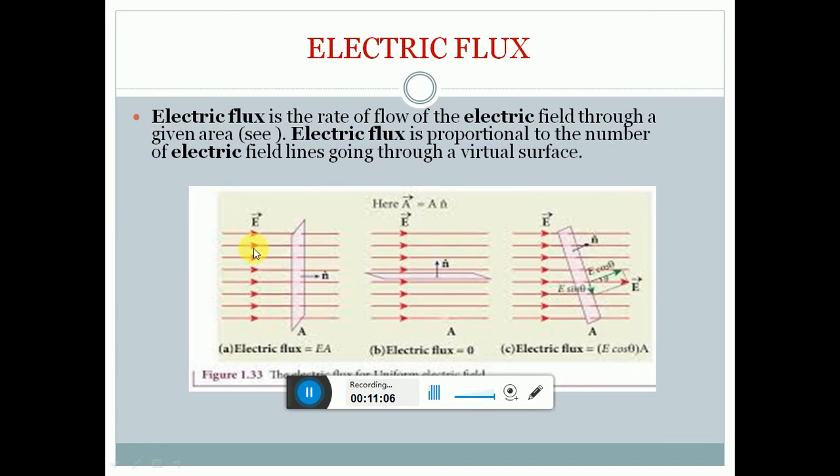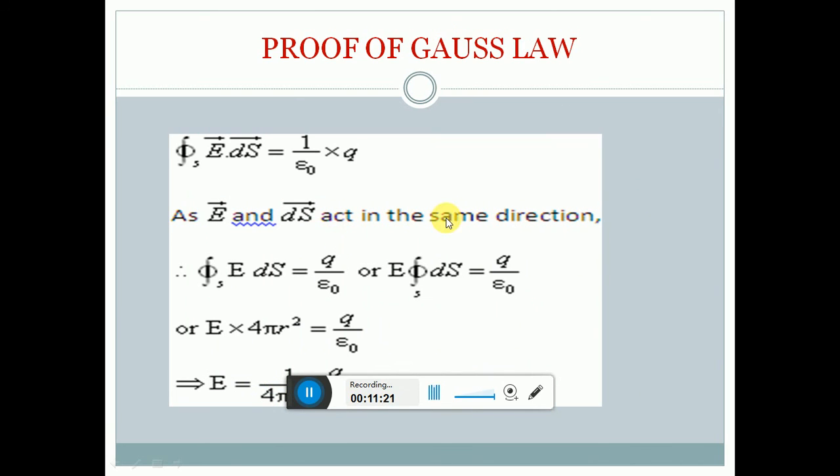If you see this slide, electric field and area both are acting in the same direction, so maximum flux is passing through this area. The angle between the area vector and the electric field is 0. So with E and ds in the same direction, phi is equal to the integral of E bar dot ds bar, which is equal to Q by epsilon naught. So E into ds is equal to Q by epsilon naught.